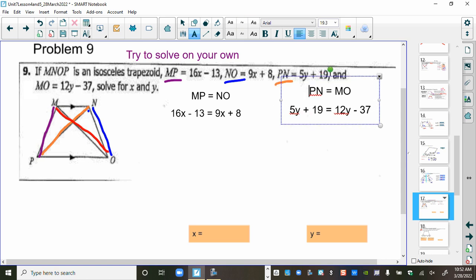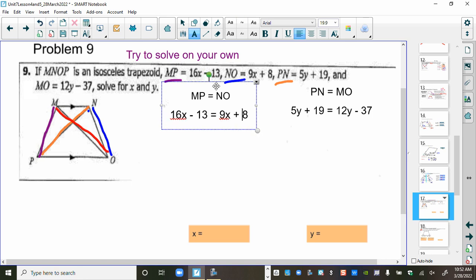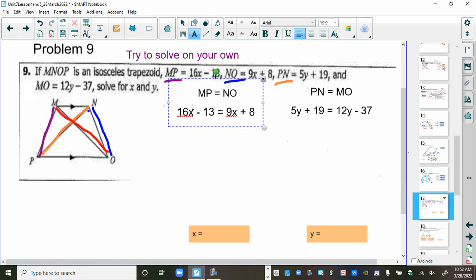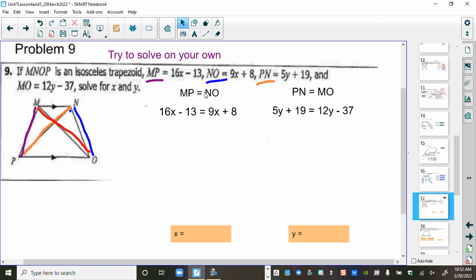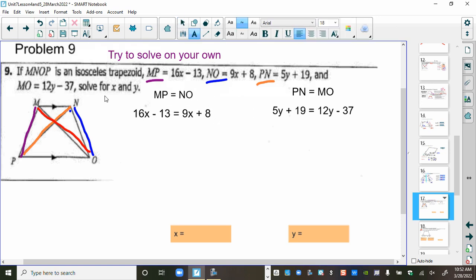Now, in both cases, you have enough information to solve for y. I'll just write reasons why they're the same. I'm not going to say more than what I'm going to write up here because you have enough information to solve for the variable. But yeah, NP and NO, non-parallel opposite sides are congruent.